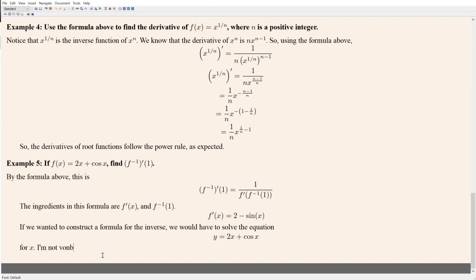And I'm not convinced that this is actually possible. Certainly we can do it numerically. We can do it with calculators, but I don't think it's possible to do this by hand. Or it's at least not easy.